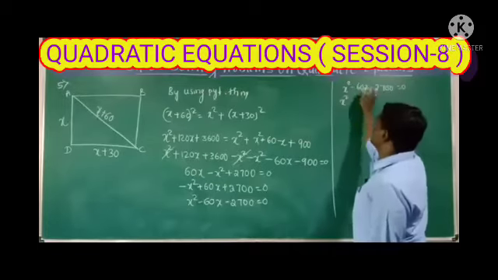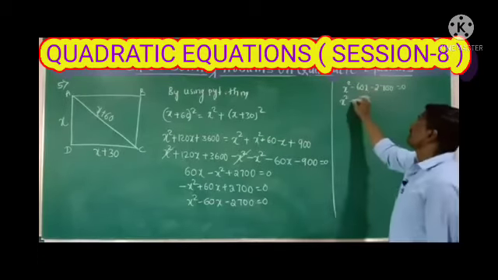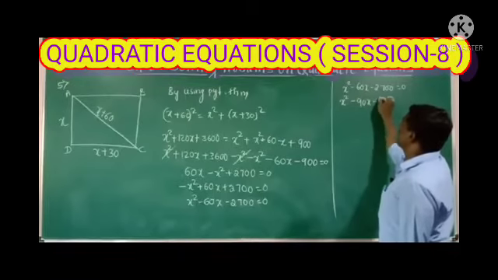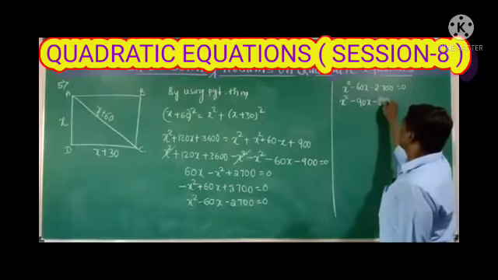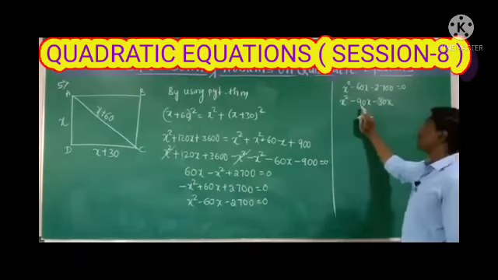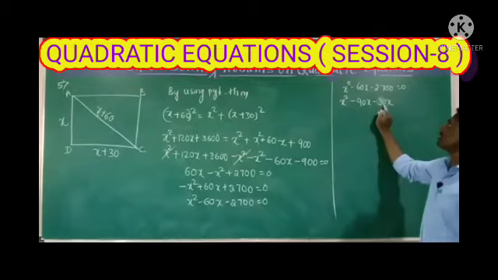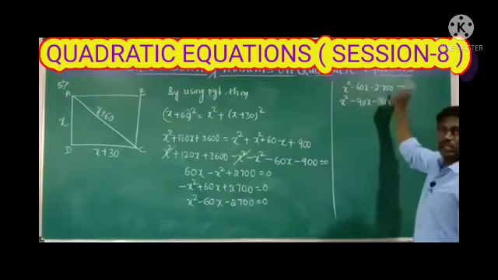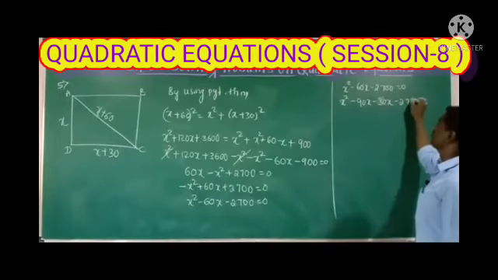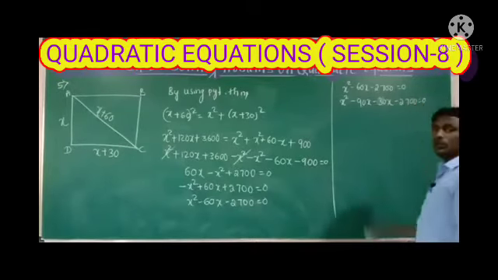Split the minus 60x as minus 90x plus 30x. So 90x minus 30x is minus 60x. 9 3s are 27, remaining 00 as it is, minus 2700, which is equal to 0.